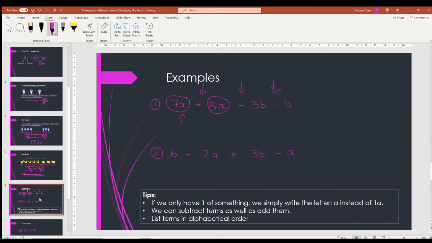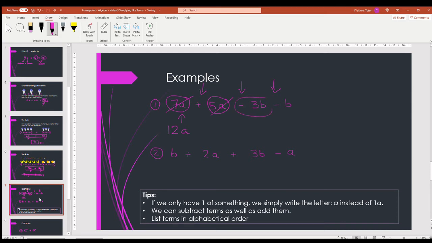I've mentioned this in my previous video. The first term of an expression, if it doesn't have a sign in front of it, it means it's positive. So therefore, 7a plus 5a is 12a.